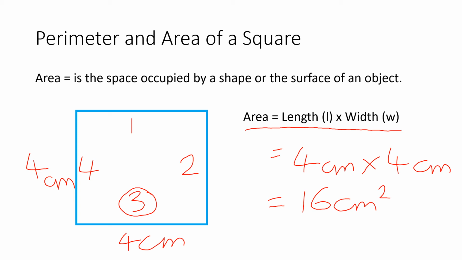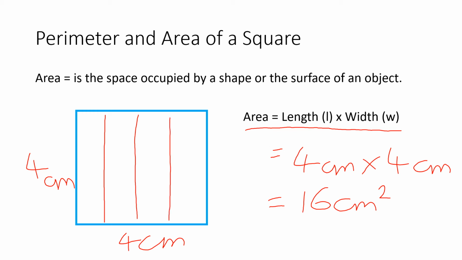Always. Why do we use the squared sign? Because that's how many squares of space this square takes up, right? So 4 centimeters by 4 centimeters. Now say for example, if each of these has a distance of 1 2 3 4, 1 2 3 4, if you count the squares now, there is 1 2 3 4, 1 2 3 4.